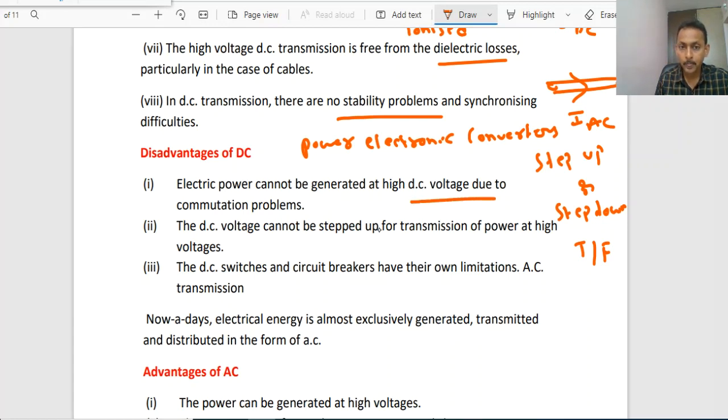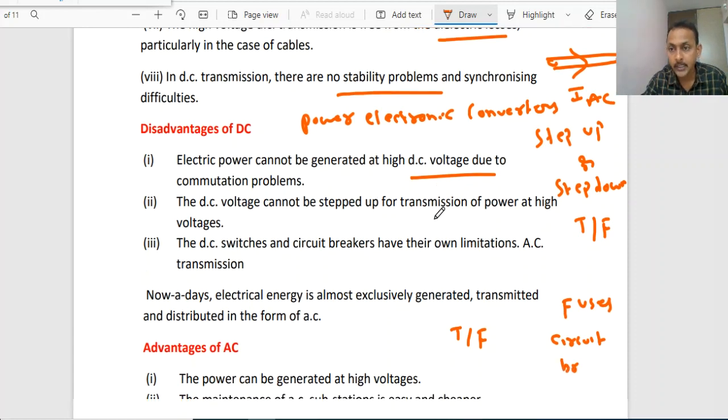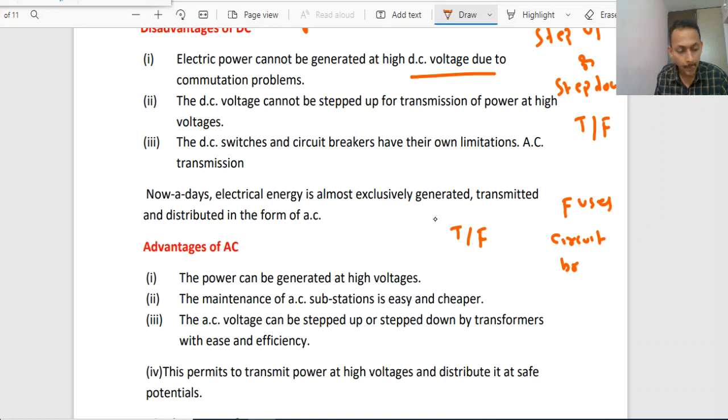And also the circuit breakers and all the protective equipment are required while transmitting this power. Just a transformer itself will not be sufficient. Many protecting devices or switchgear equipment like fuses, circuit breakers, isolators, sectionalizers, relays, lightning arresters, all these things are required in order to transmit the power safely.